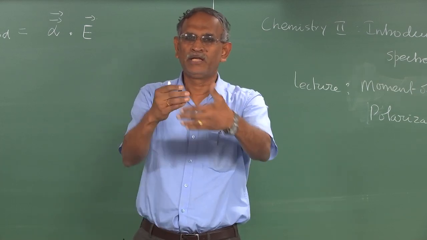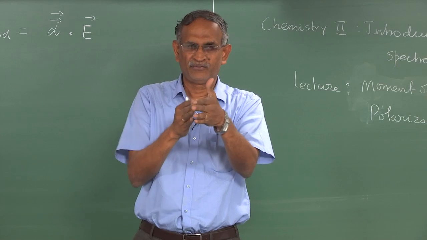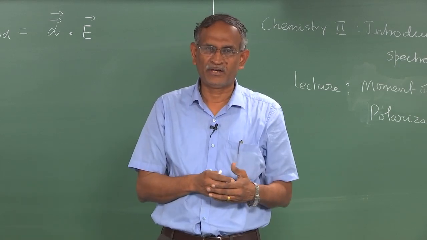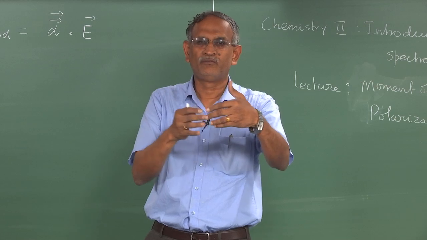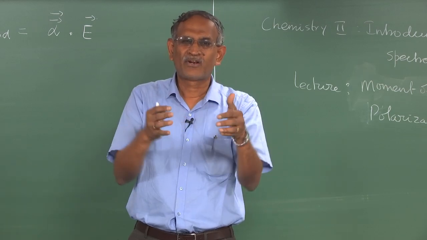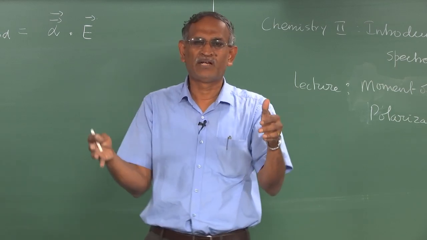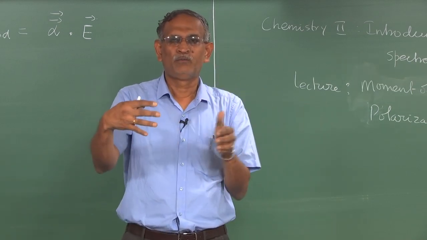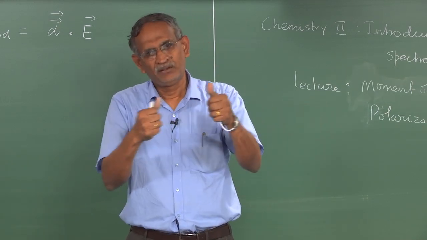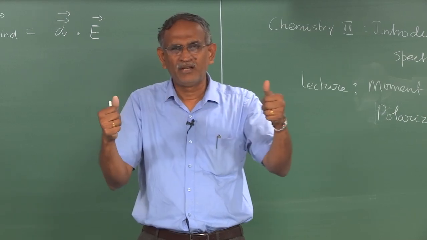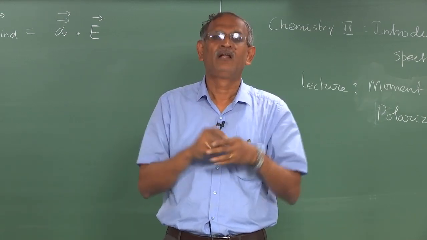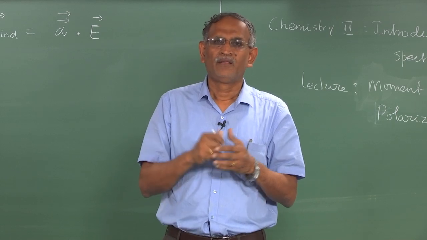You know that the bonding electron of the NO is between the two, nitrogen and oxygen. The electron density is concentrated there, and it will try to adjust itself with the positive side and the negative side of the electric field in such a way that the molecule will have a slight orientation, and there may be a slight deformation of the electron density if the fields are very large.